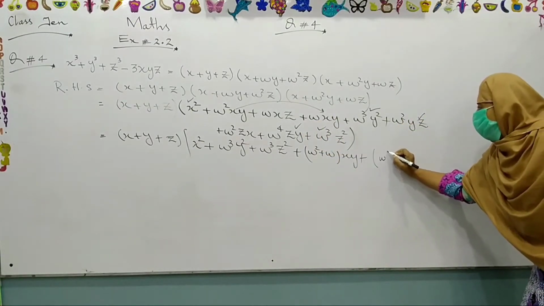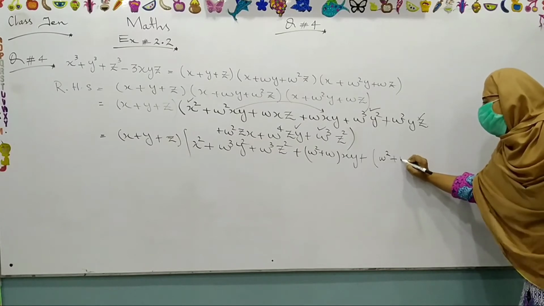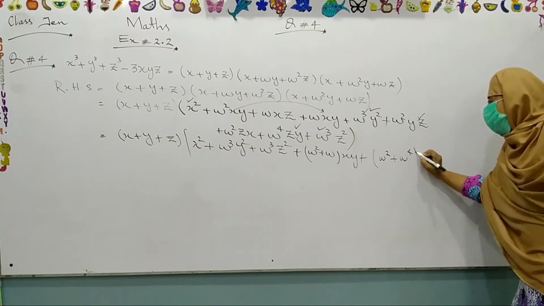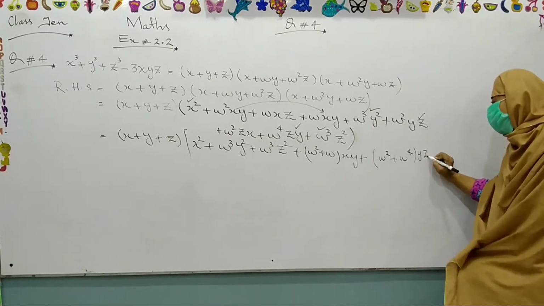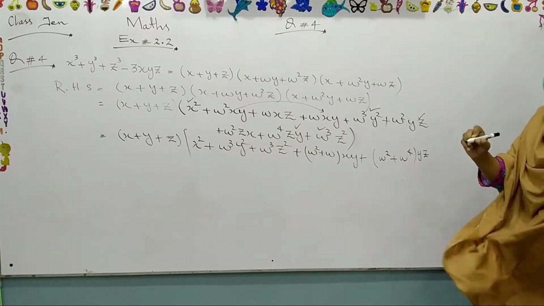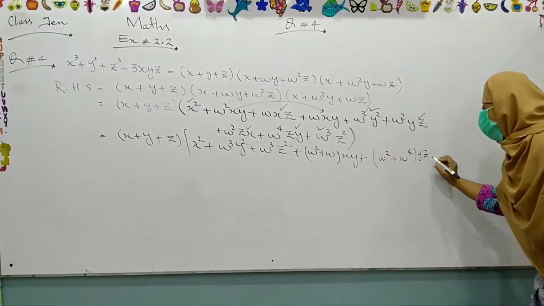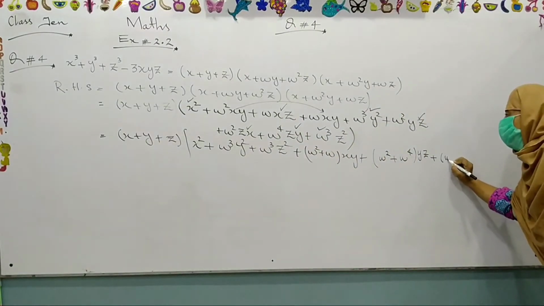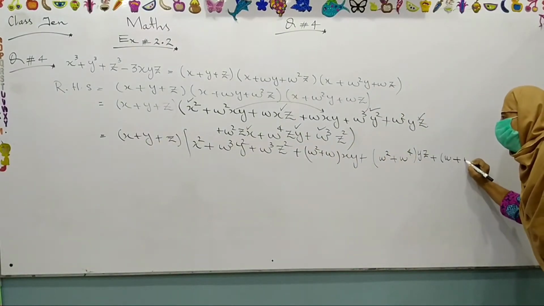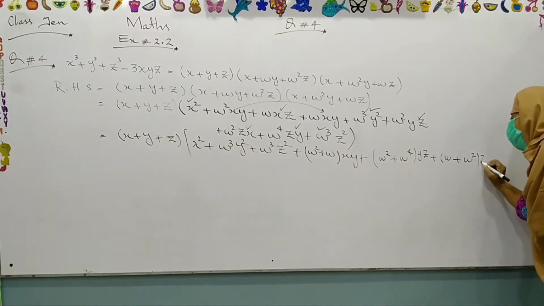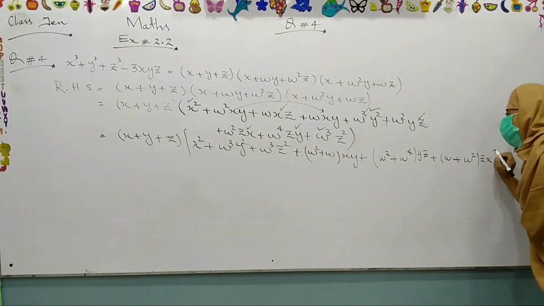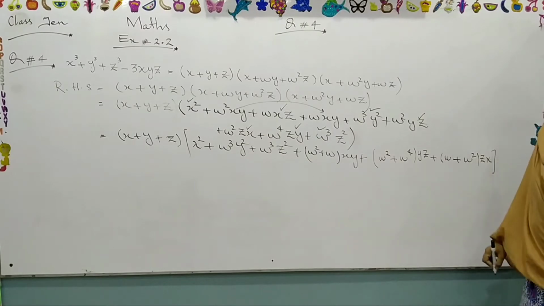It will be omega square plus omega 4 and I have taken common yz. And next is zx and zx. What will it be? It will be omega plus omega square, zx. Whole of the values I have completed.